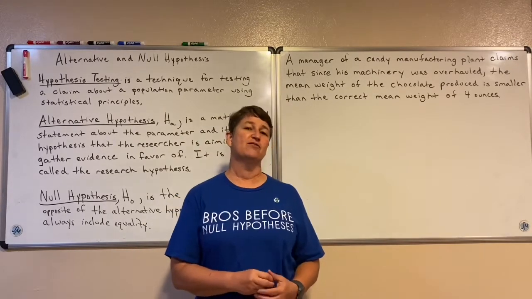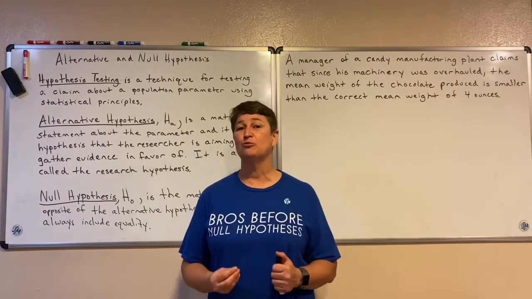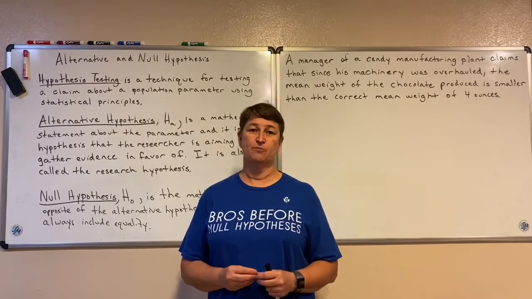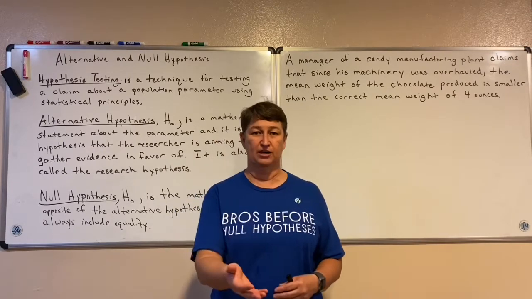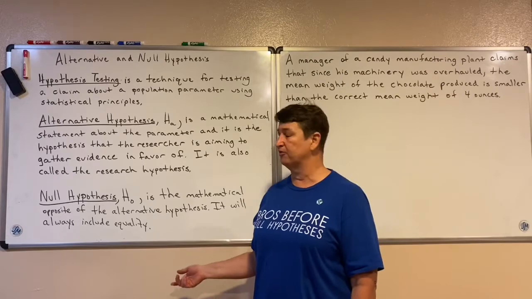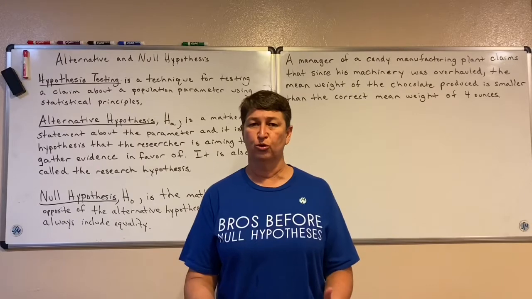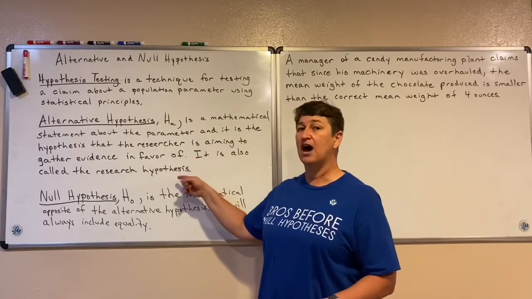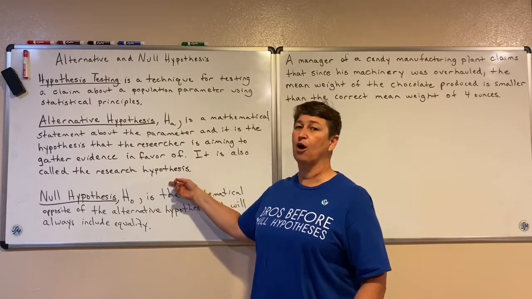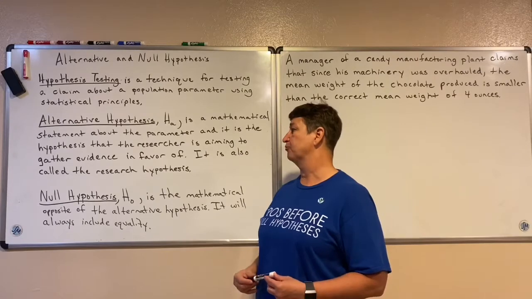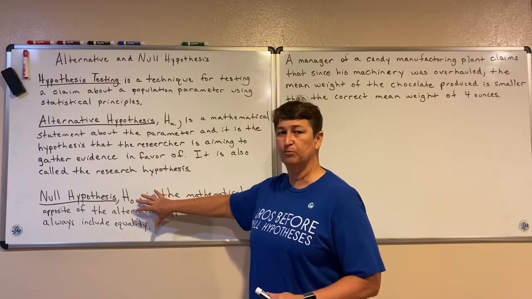So you can think of it as if you were in a courtroom and you had a defendant, you just assume that that defendant is not guilty. That's your automatic assumption. Until proven otherwise, he's not guilty. And the same thing is true with the hypothesis test: the null hypothesis is assumed to be true unless you can gather enough evidence to show that that alternative hypothesis could be true. So this is like that person in the courtroom.